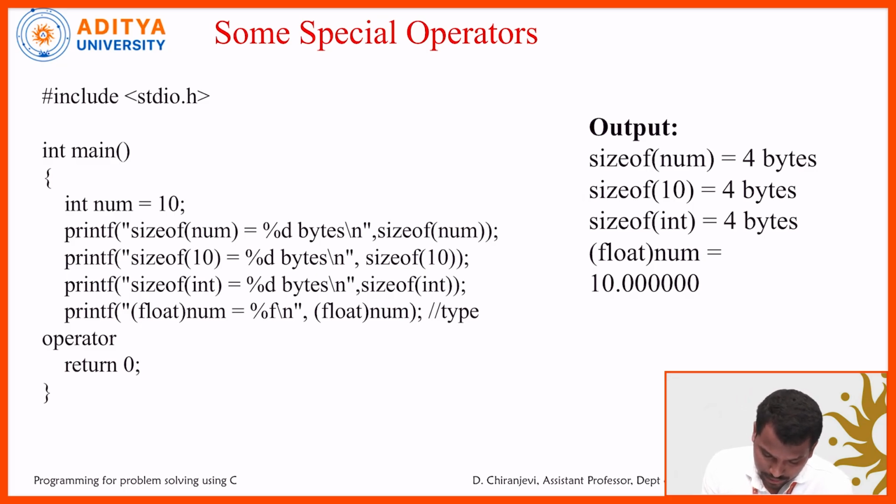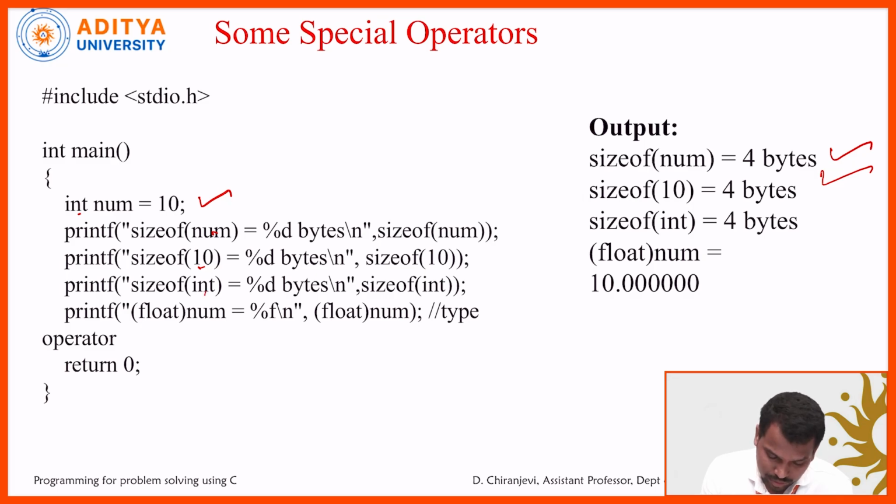These are the special operators. Like, a value I have taken 10. By using the sizeof operator you can pass a parameter, either a data type, variable name, or value. Here I passed the variable name; the number variable is of type integer, so the size is 4 bytes. In the same manner I passed a value, which is of type integer, so it is 4 bytes.